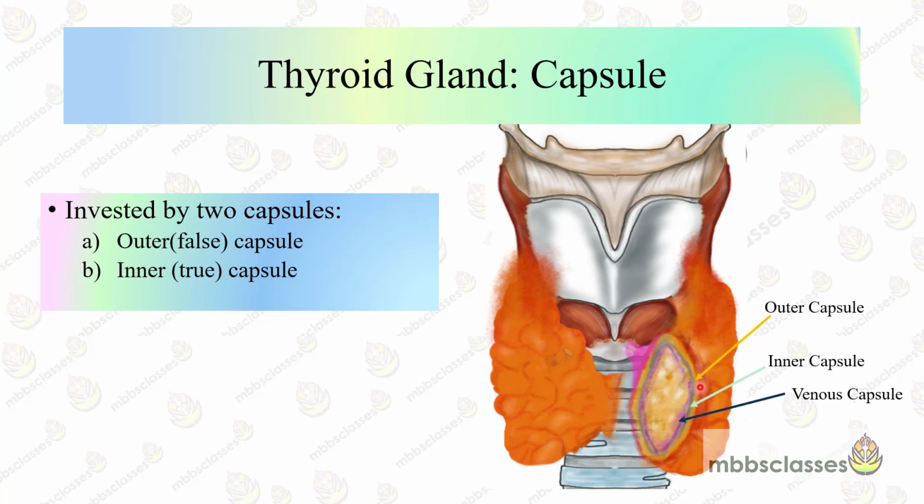This is the outer capsule, also called the false capsule because it is formed by the splitting of the pretracheal fascia. And the inner capsule, the true capsule, here represented as a green line, is formed by the condensation of the fibrous stroma of the thyroid gland.